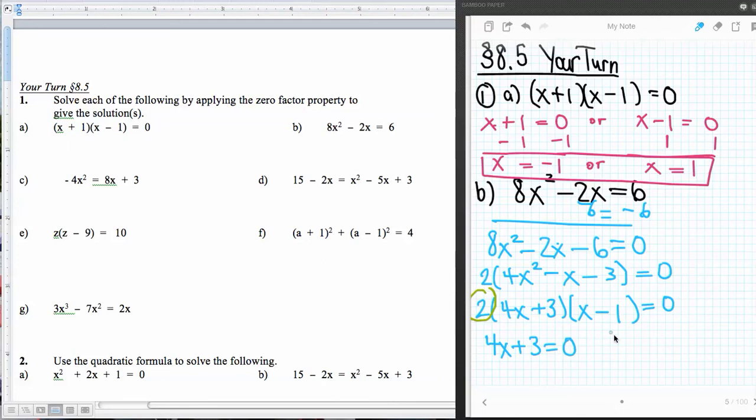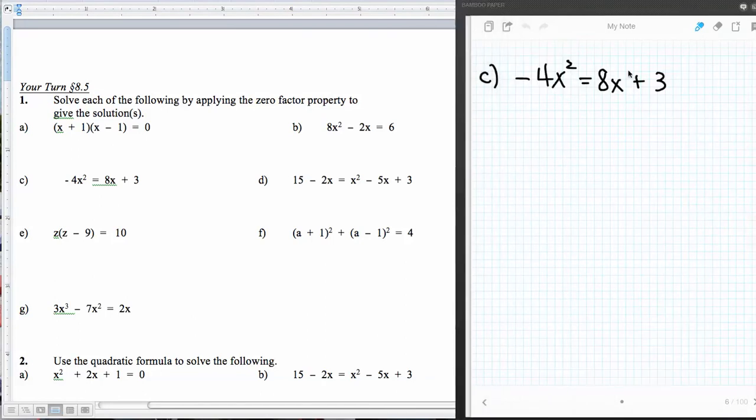So only 4x plus 3 or x minus 1 can equal 0. 2 is never going to equal 0, right? That would be silly. And so I solve each of these, and those are my solutions. So 4x is equal to -3, or x is equal to -3/4 there. Or I have a +1 here and a +1 here, so x is equal to +1. So it's either x is equal to +1 or x is equal to -3/4.